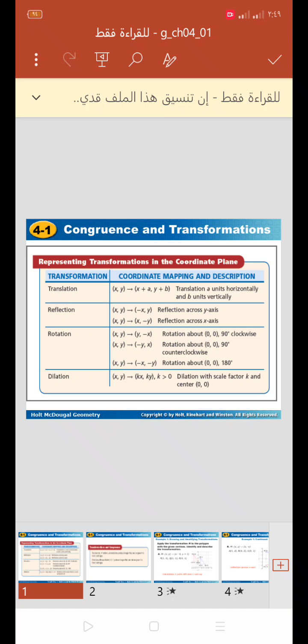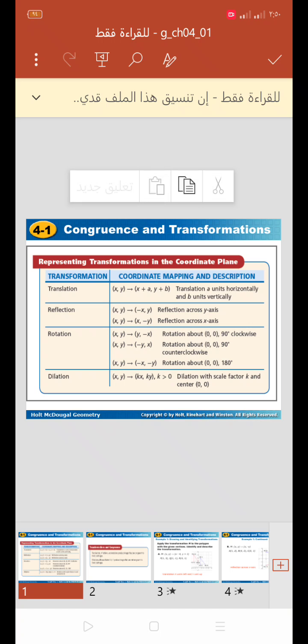And the last one, dilation, where you multiply x and y by a scale factor. This scale factor can be any number, but it should be greater than 0.